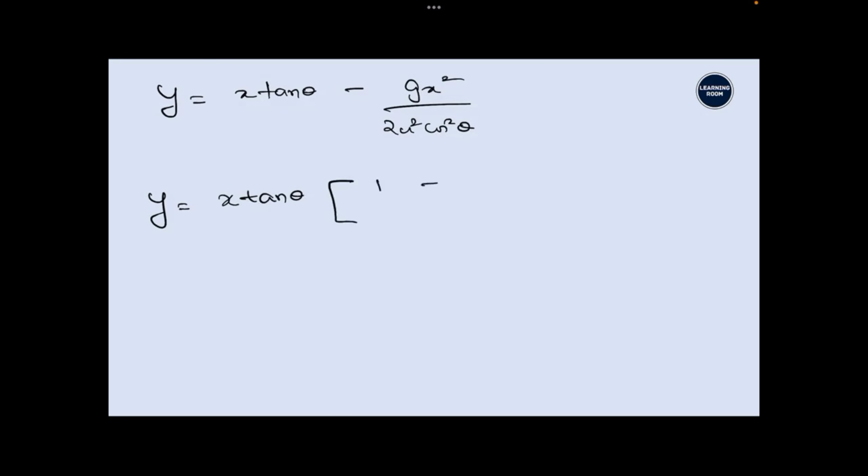So y is equal to x tan theta minus gx square divided by 2u square cos square theta. This expression you need to remember because it will help you solve many problems faster. If I take this x tan theta outside, observe, I can write it as 1 minus gx square divided by 2u square cos square theta into, what should I compensate with?